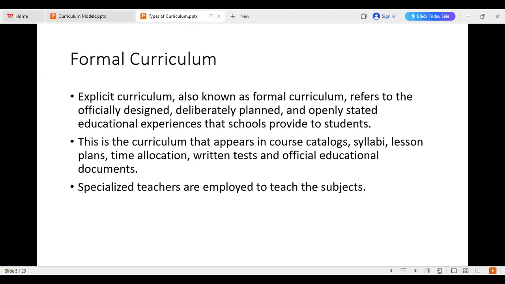We have teachers to teach in advanced level. All are specialized. That is one nature of the formal curriculum.